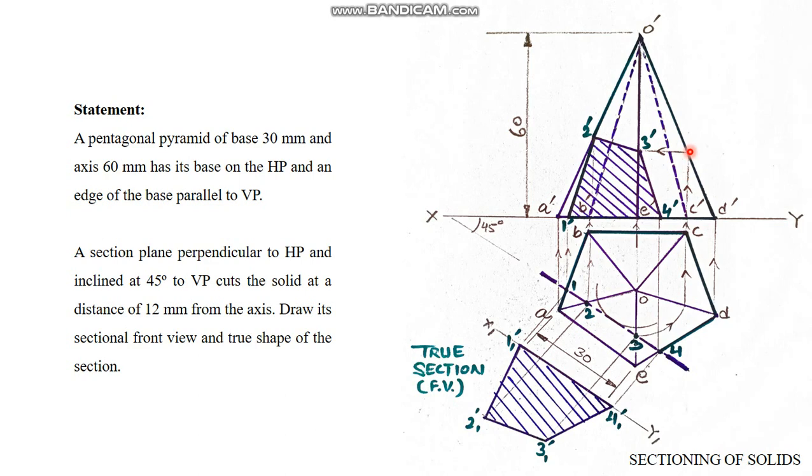Take the horizontal line towards O dash E dash and mark here point 3 dash. So this is the exact way to locate this point.